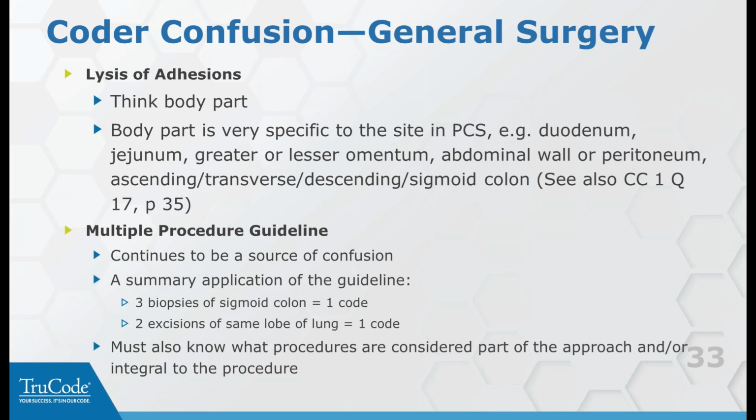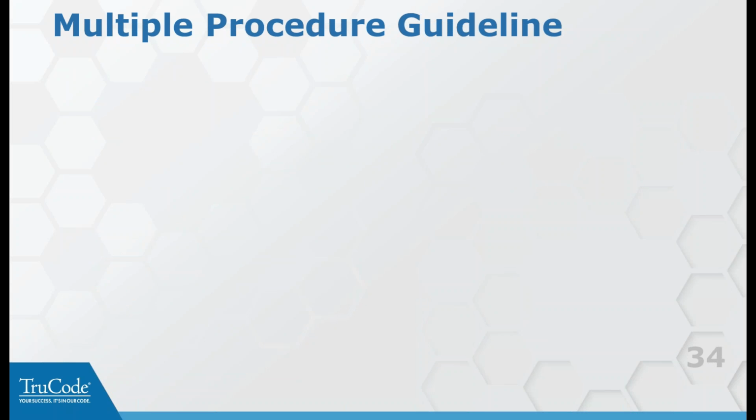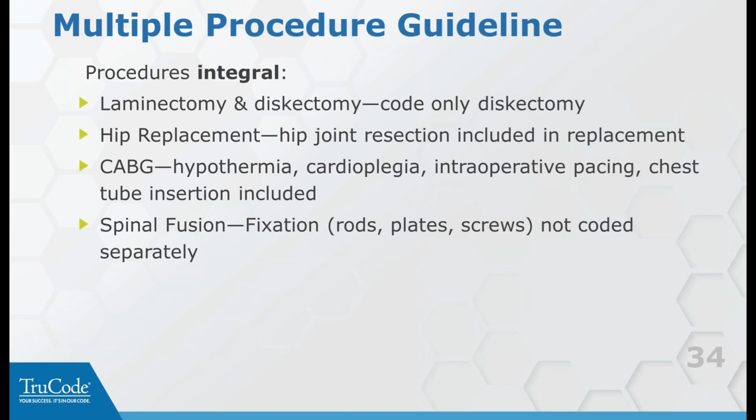It's important to know what procedures are considered part of the approach and what things are considered integral to a procedure as well. On this slide, I have a little bit of guidelines for you in some areas. If you do a laminectomy and a discectomy, the discectomy is the only thing that will be coded in that particular case. The laminectomy is integral to that process.